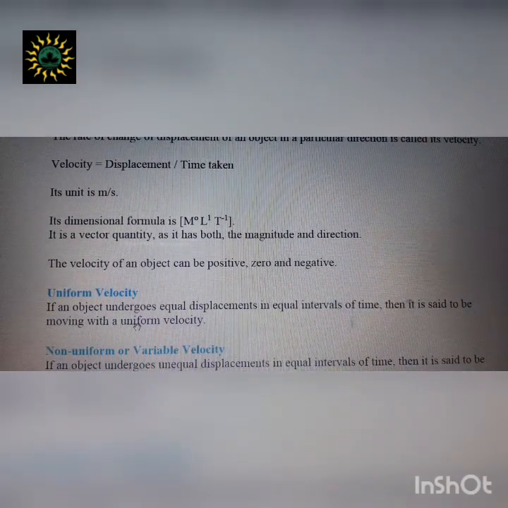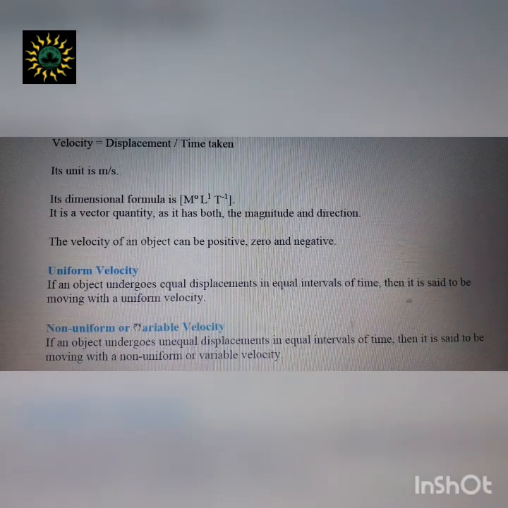Now uniform velocity is exactly similar to uniform speed. When you write uniform speed, you write distance; when you deal with velocity, you have to write displacement in the place of distance.